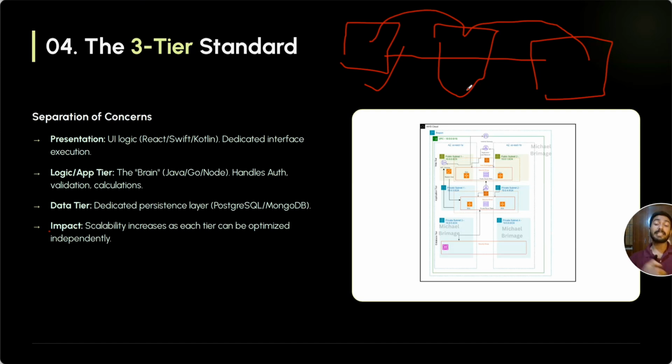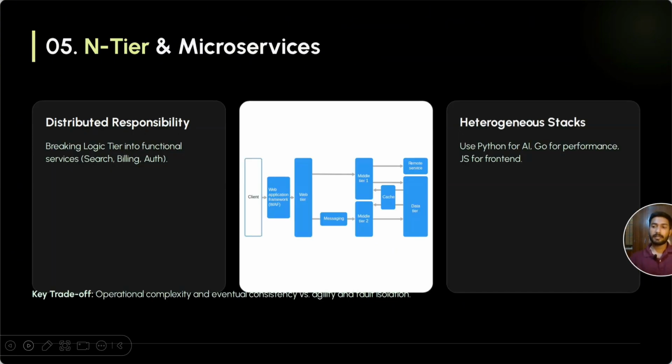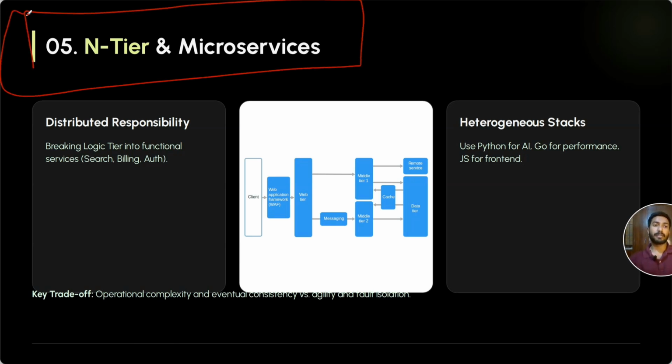Now, when we talk about n-tier architecture, here mostly we talk about microservices. Here what happens is you will be having client, you will be having a load balancer or something you can assume, and from here it will redirect the request to multiple servers. We can have for one microservice, n number of servers.